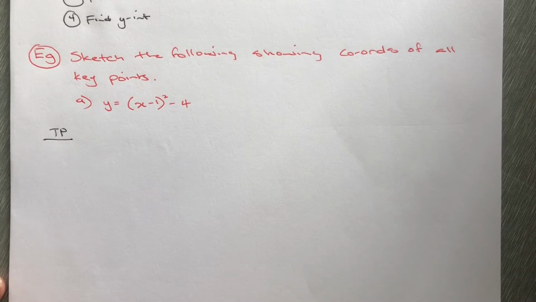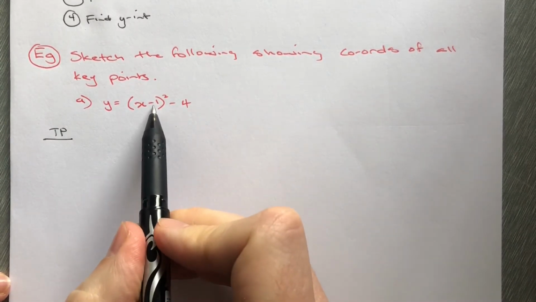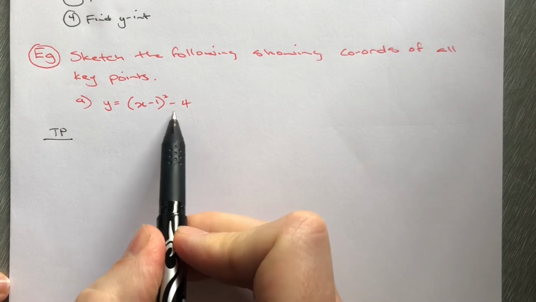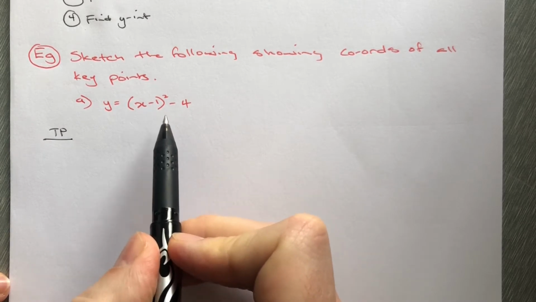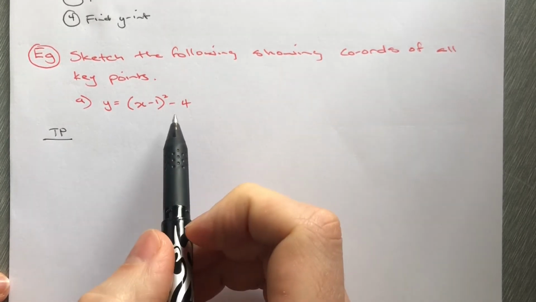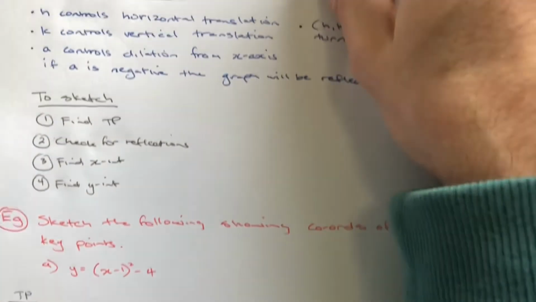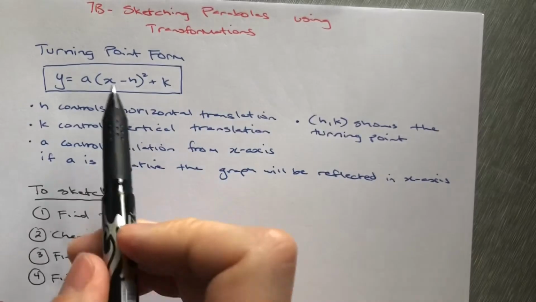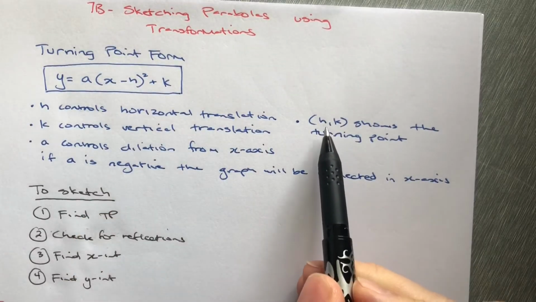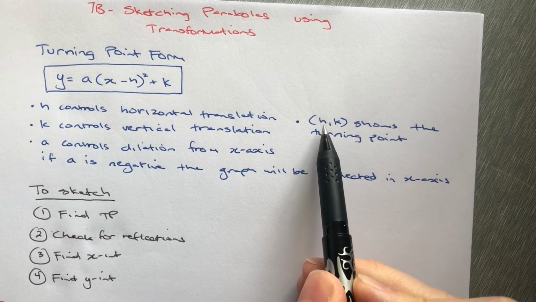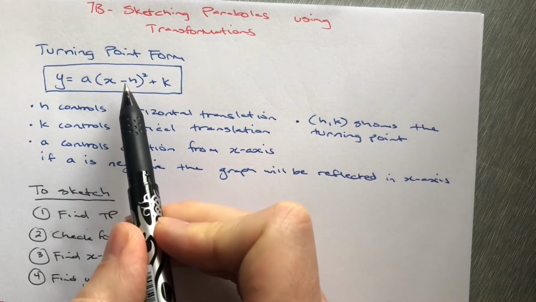So I'm finding the turning point. Now, the turning point is found using these two numbers here. Okay, so I can already tell what it is just by looking at this rule here. Now, h and k, remember it said, I'm going to show you up here, it said minus h, but the turning point was just h. So we're going to take whatever value's in here, but then change the sign.